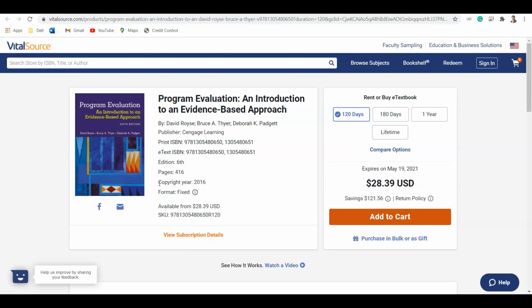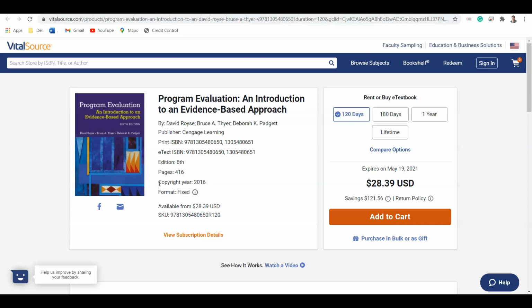Now, you don't have to use this website, but there's a way of just renting or buying an e-textbook.